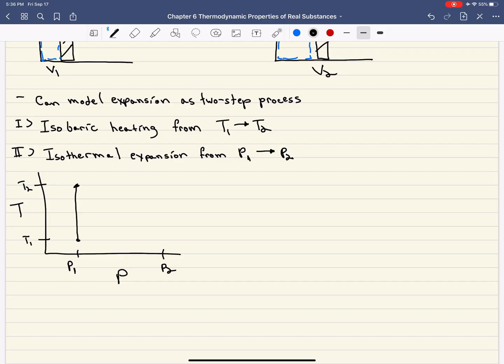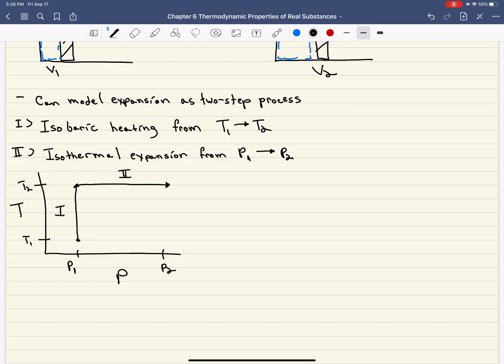Then we keep the system at temperature T2 and we just increase the pressure somehow. This is step 1, this is step 2. That's the process that this gas would undergo.